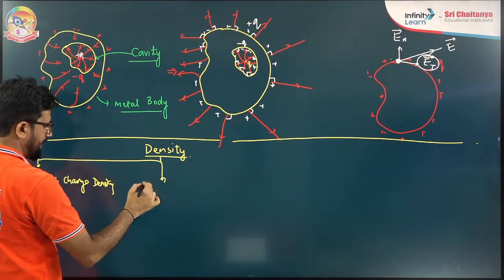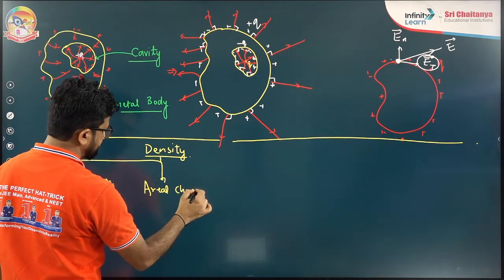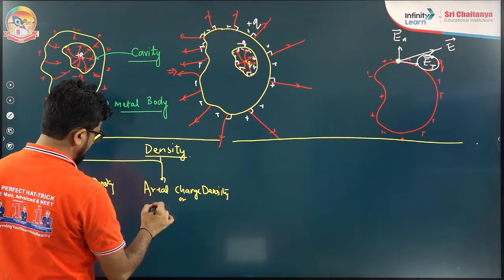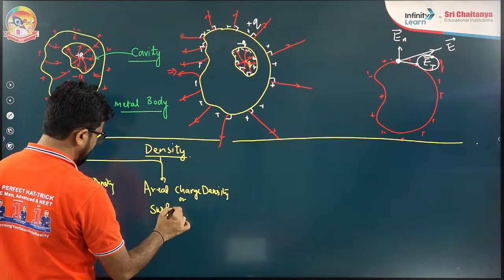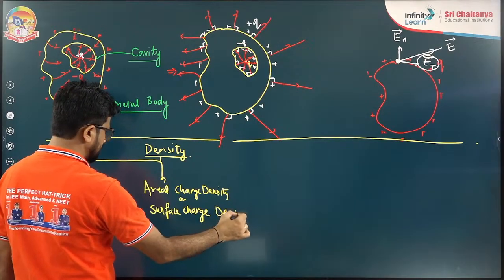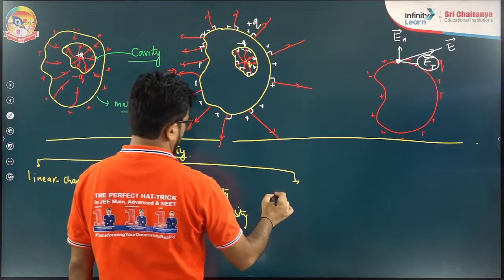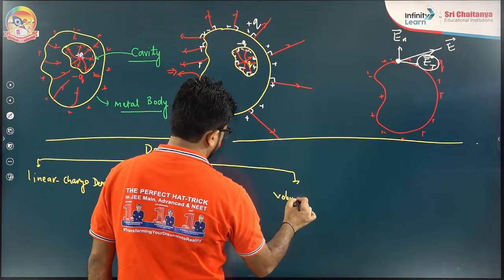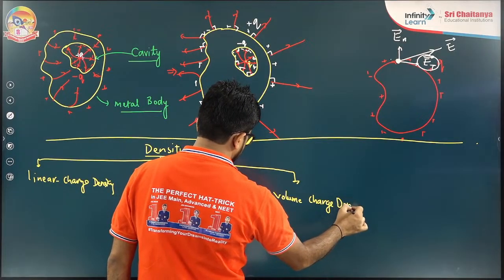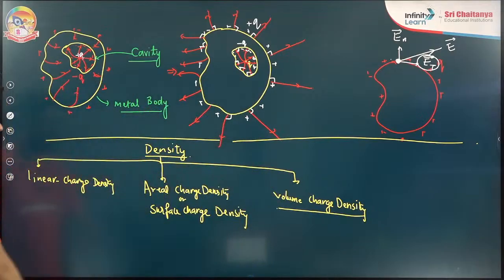Next is areal charge density, which we sometimes call surface charge density. Similarly, we write volume charge density. Try to understand it.